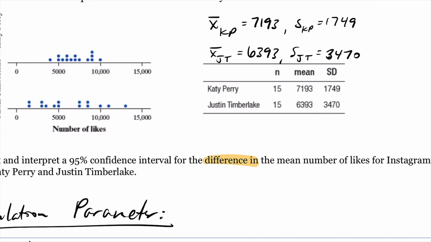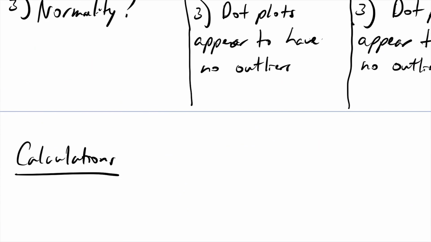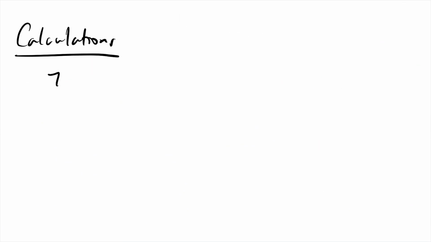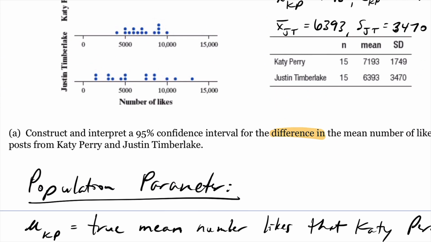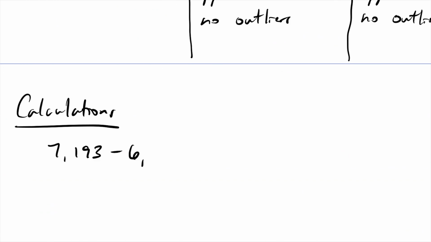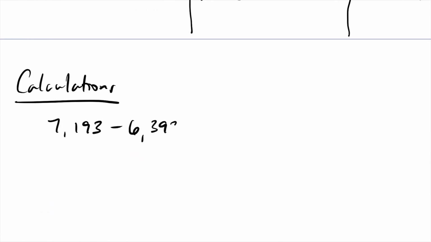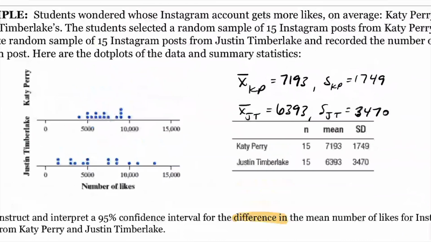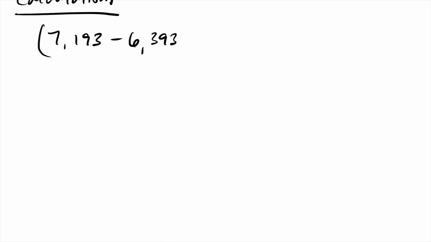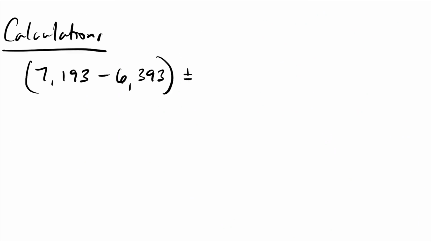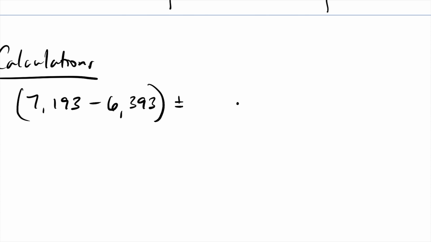So we have 7,193 minus 6,393. Yep. Okay. That's the difference, plus or minus T critical. What is T critical going to be for this one? 2.145.